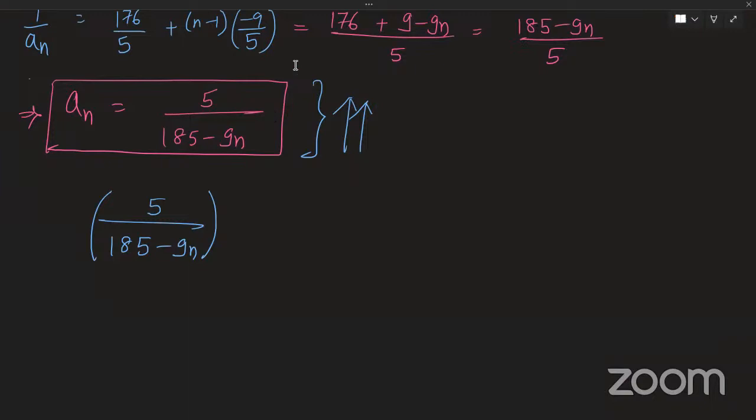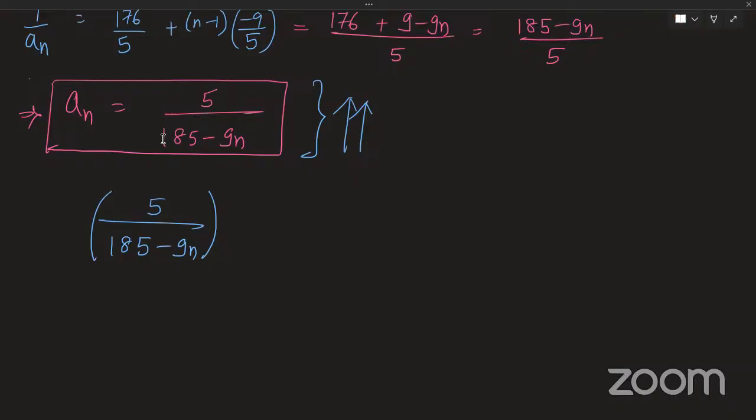Your numerator is constant. What should you do to your denominator to make your whole value larger? Should you reduce your denominator or should you increase your denominator? Reduce, sir. Correct. Reduce. Reduce up to what? Up to what value should you reduce? One, sir.